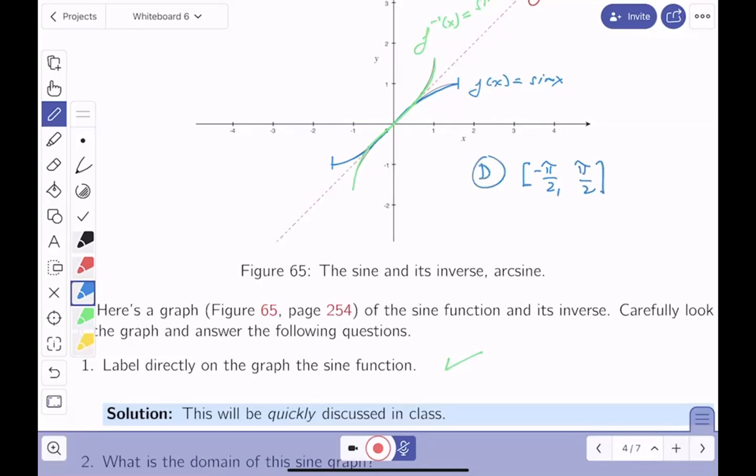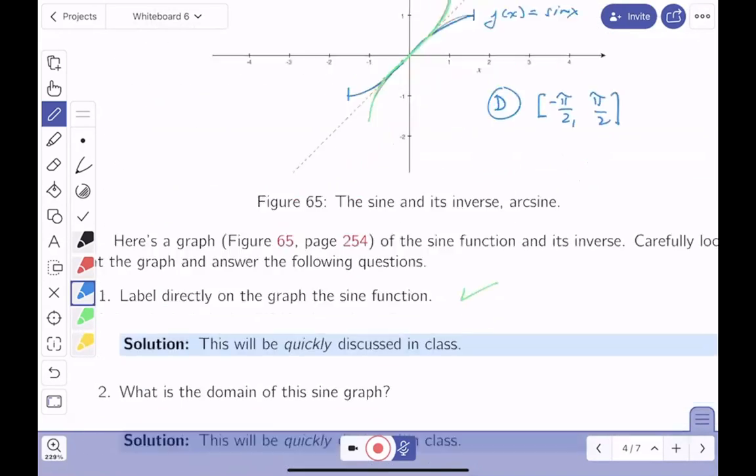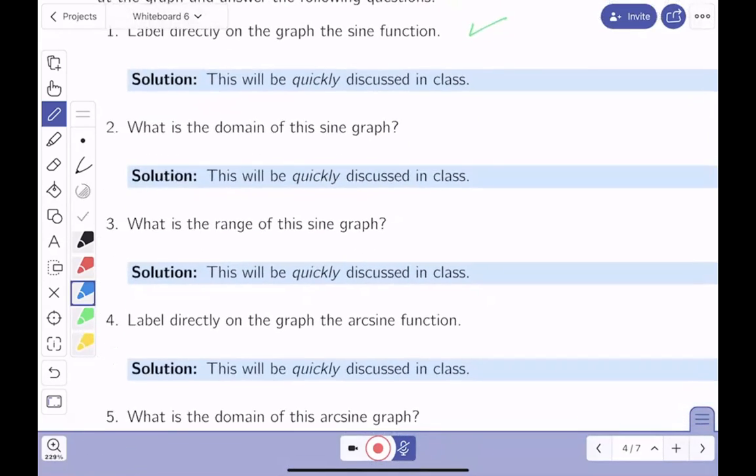I'll write that down for you. Now, for the sine function that's graphed, what's the range? If you look at the picture, it goes between -1 and 1. Relatively simple.